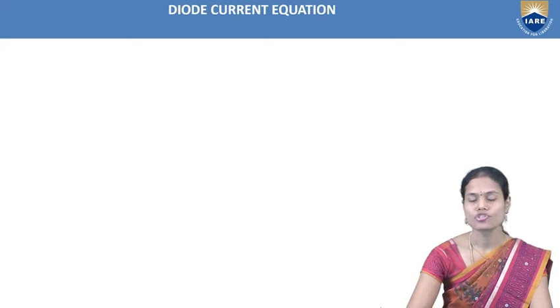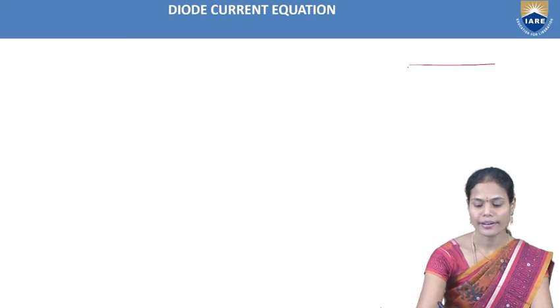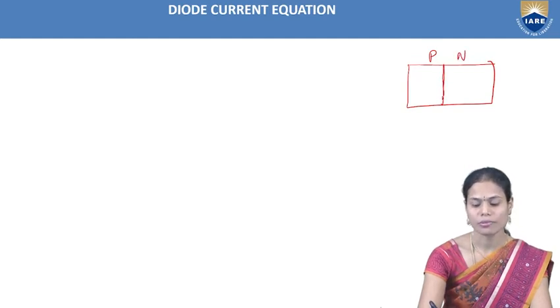Generally, if we join both the P type of semiconductor material as well as N type of semiconductor material to make the PN junction diode, as soon as we join these P and N type of materials, the junction will be formed between both the materials.